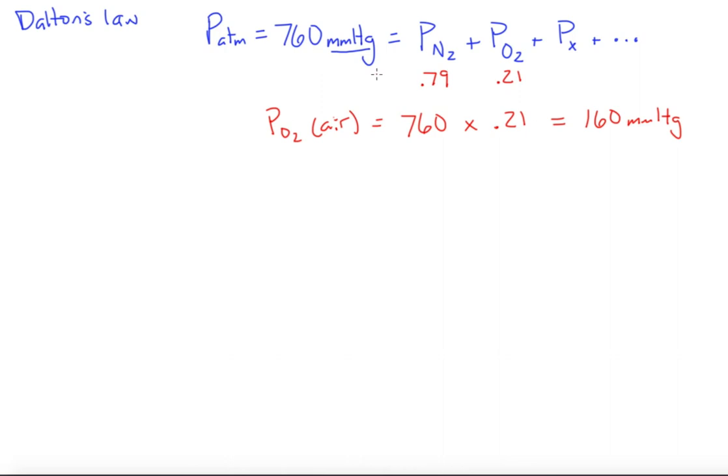We're just using air as an example. So Dalton's law says the partial pressure of nitrogen plus the partial pressure of oxygen plus the partial pressure of anything else there, some carbon dioxide and methane and 1,000 other things, water vapor even, would add up to the total pressure of that gas.